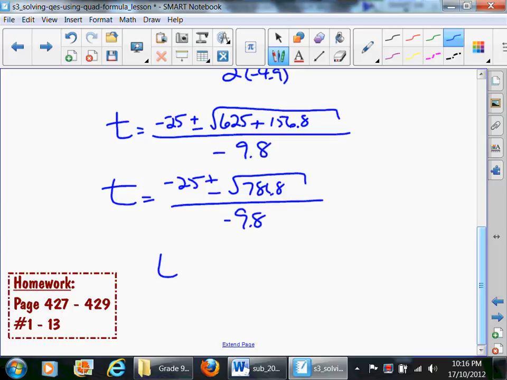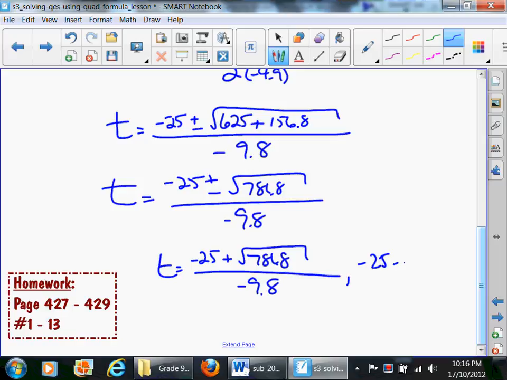So the time at which the cannonball reaches a height of 10 meters is going to be at negative 25 plus the square root of 781.8 all over negative 9.8, or negative 25 minus the square root of 781.8 all over negative 9.8.